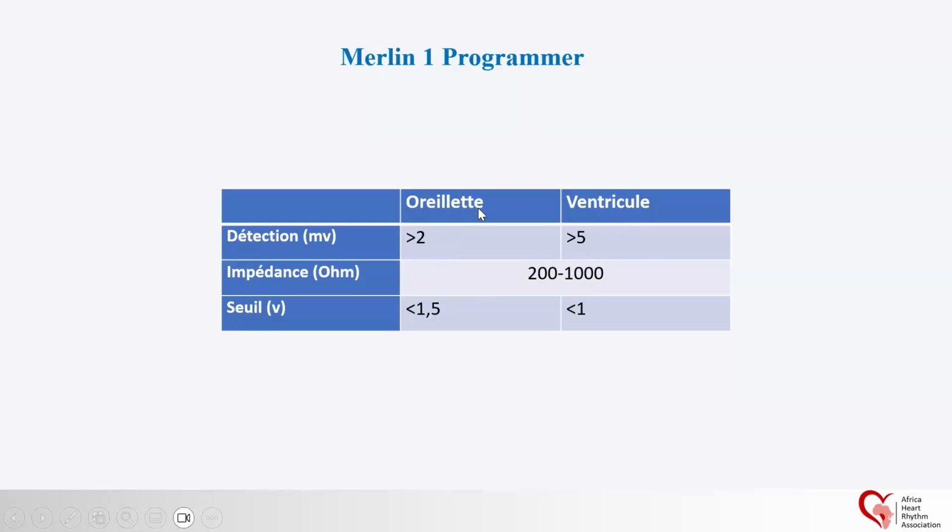The impedance in the two leads, that means in the atrium and the ventricle, must be between 200 or 300 and 1000. The threshold in the atrium must be inferior to 1.5, and in the ventricle the threshold must be inferior to 1 volt.